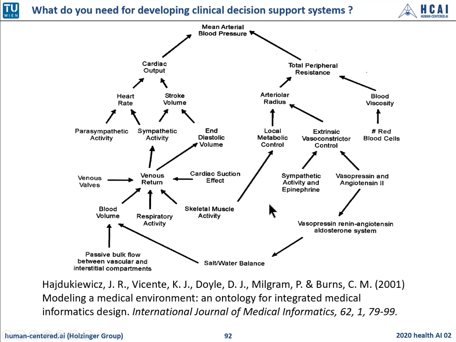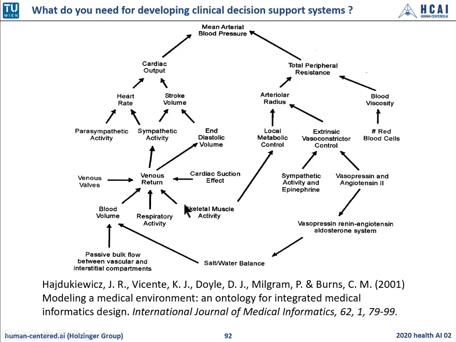So what do you need for developing clinical decision support systems? Medical environments have enormous complexities and pose high demands on medical professionals. Here we see an example of a traditional modeling approach for medical reasoning as a basis for developing decision support systems. So this was a long strategic goal.